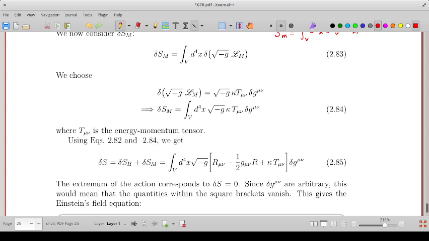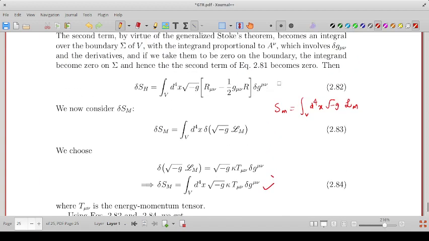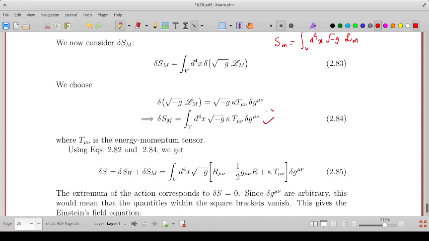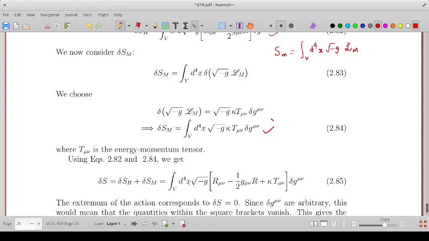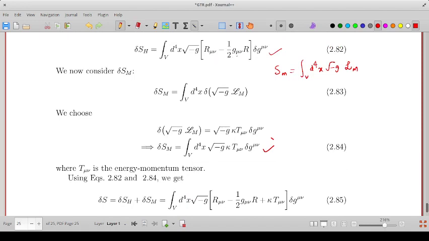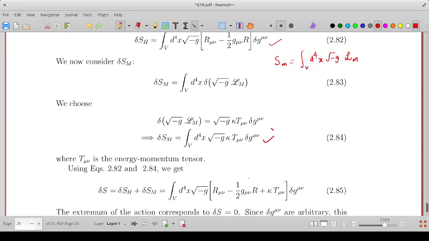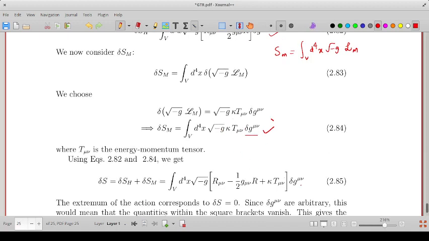Now, the total variation in the action is delta S_H plus delta S_m. So we need to add this to this, and then we will get integral over V d4x square root of minus g, then these two factors r mu nu minus half g mu nu r plus this factor k T mu nu, and this common factor of delta g mu nu outside.